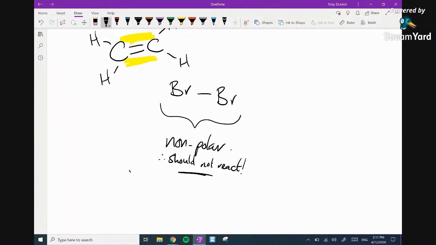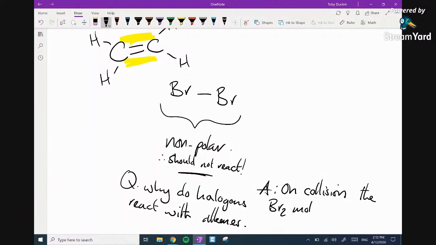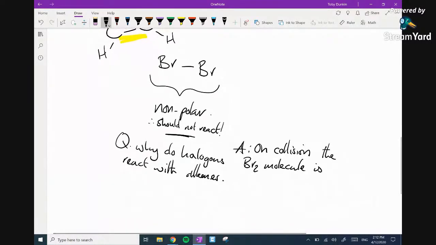And so, a question that's often asked on exams: why do halogens react with alkenes? Now, your answer is the fact that on collision, because of the double bond, the Br2 molecule is polarized.